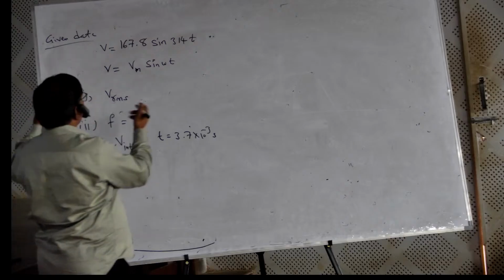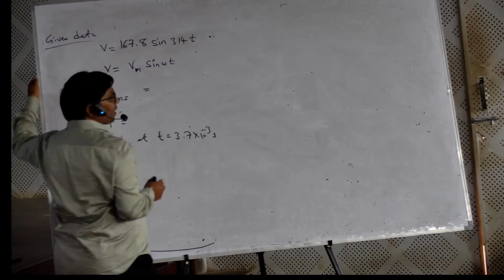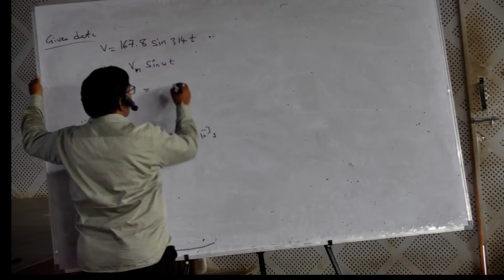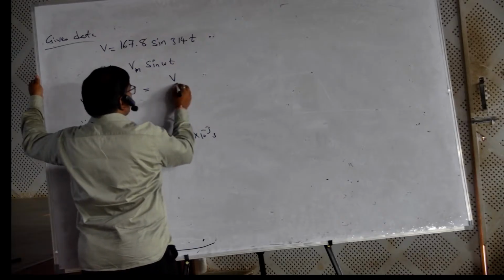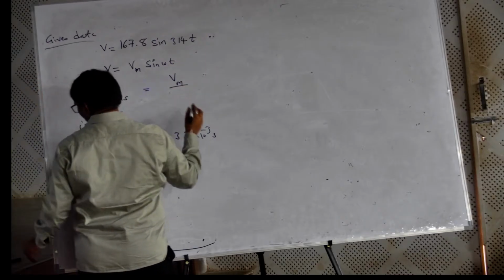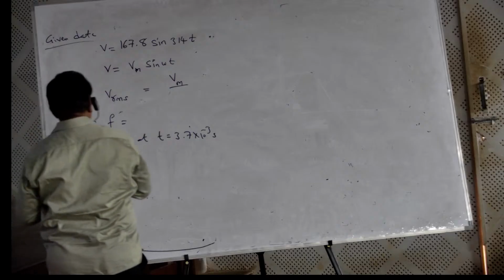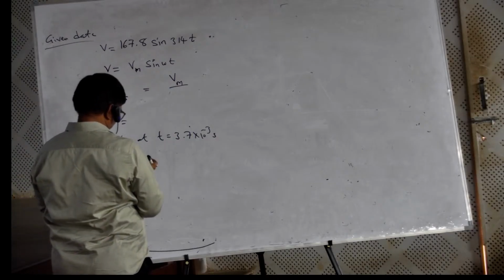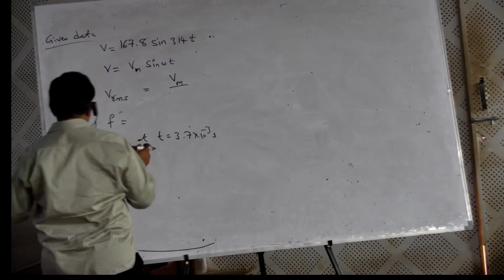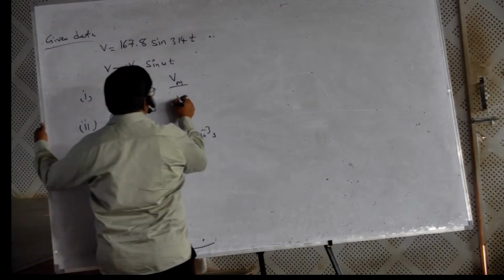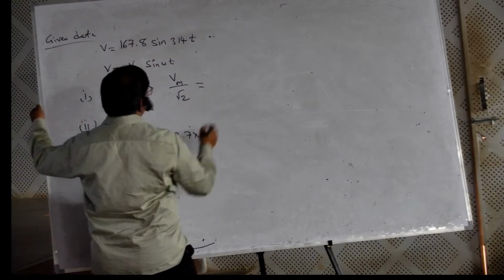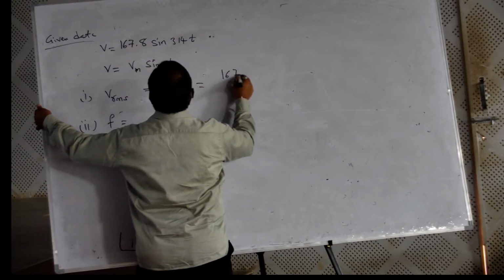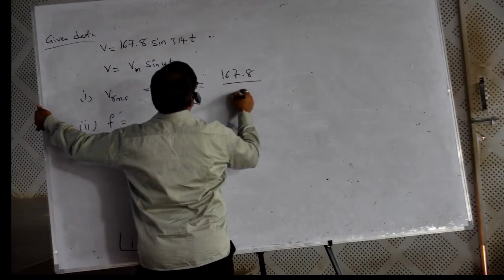Simple. What is the formula for VRMS? For an alternating quantity, VRMS is Vm by root 2. So Vm is 167.8, divided by root 2.